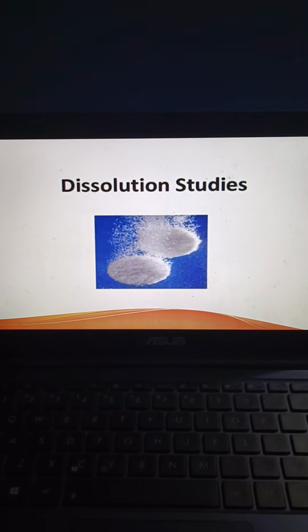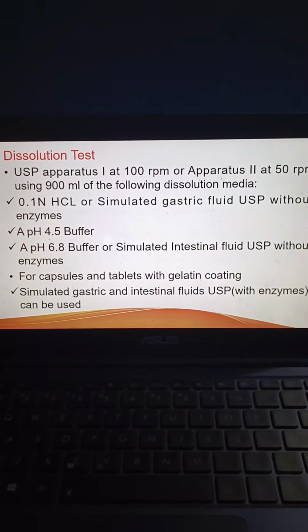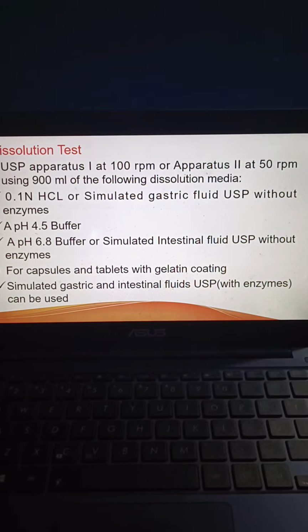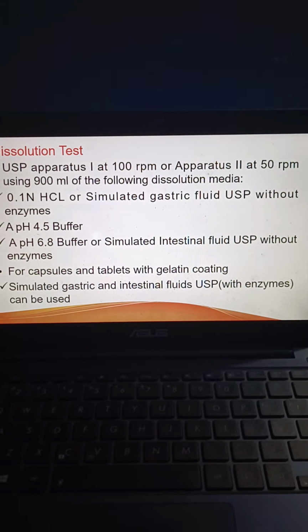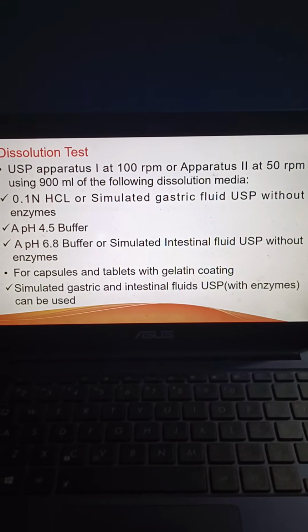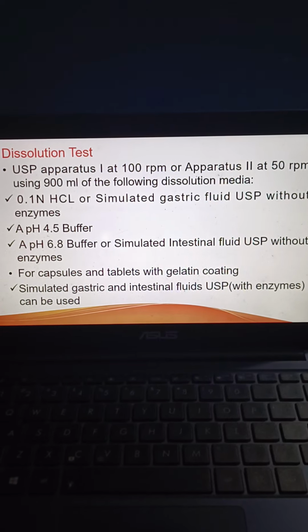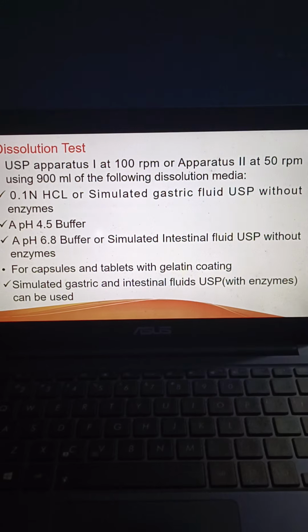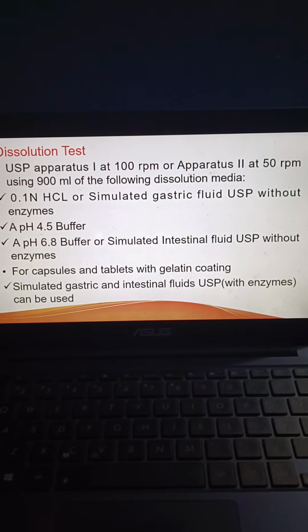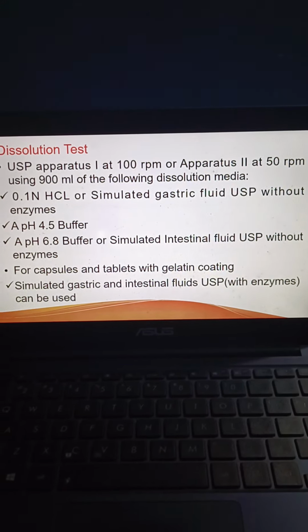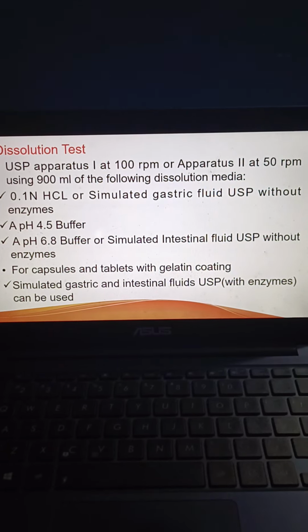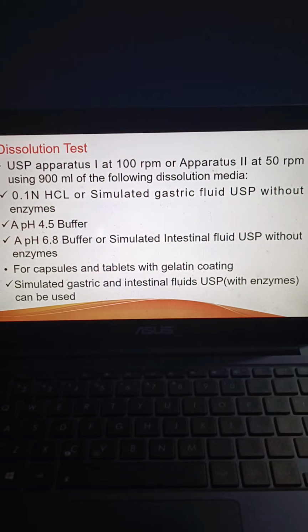Then coming to dissolution studies. Dissolution test USP apparatus 1 at 100 rpm, revolutions per minute, or apparatus 2 at 50 rpm using 900 ml of the following dissolution media: 0.1 normal HCl, hydrochloric, or simulated gastric fluid USP without enzymes, a pH 4.5 buffer, a pH 6.8 buffer, or simulated intestinal fluid USP without enzymes.